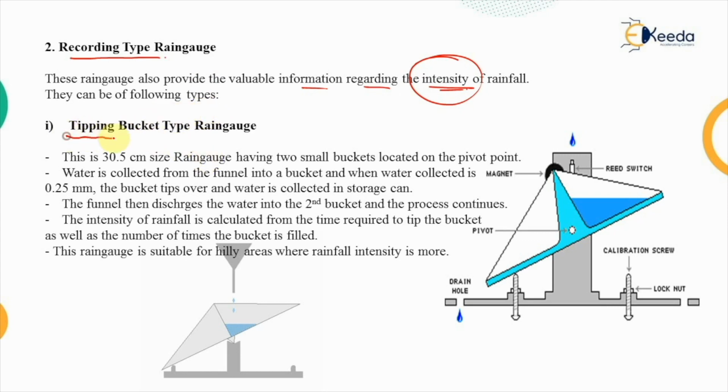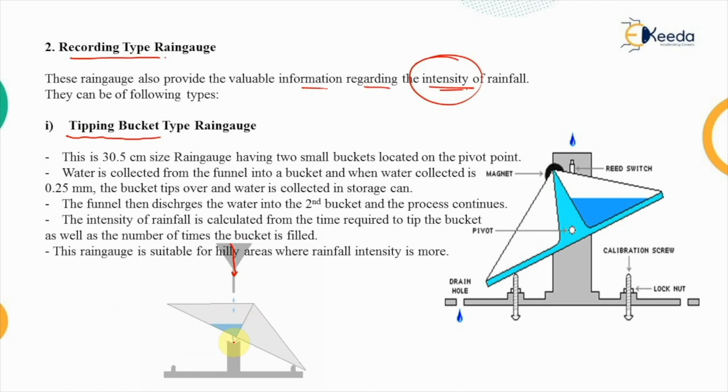The first one is the tipping bucket type rain gauge. Now what is this tipping bucket rain gauge? So the water that will be falling is passed through the funnel into the bucket. So let me just show you. As you can see in this image, this GIF is representing that the water, when it is collected into this bucket, when it is completely filled, it tips over about this pivot point.